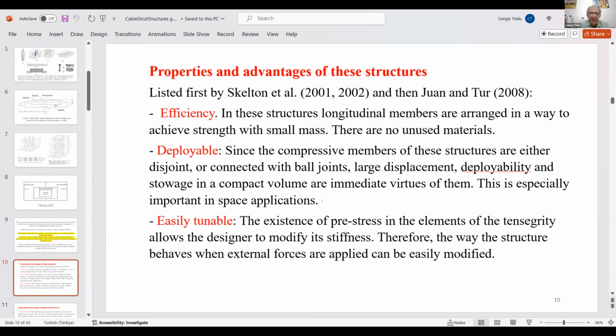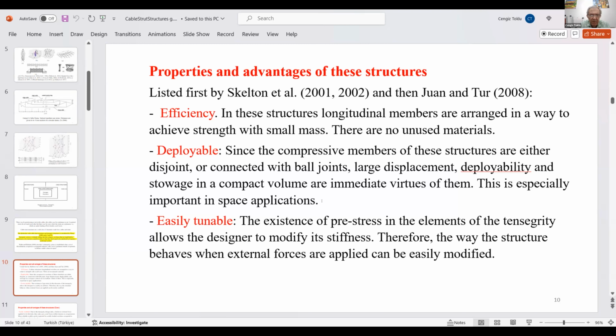Now, the properties and advantages of these structures were first listed by Skelton, and then Oh and Tur. They are very efficient as far as the material used is considered, because as we had said at the beginning, the design is made in such a manner that they may be deployable. It is a very good advantage because we have to carry them these long distances.